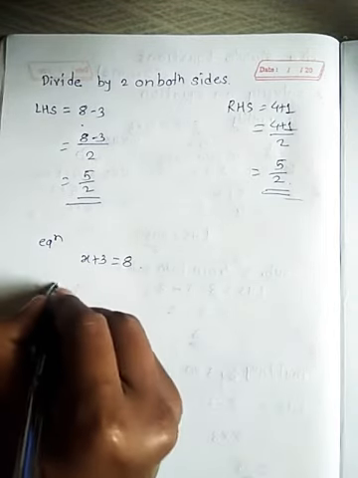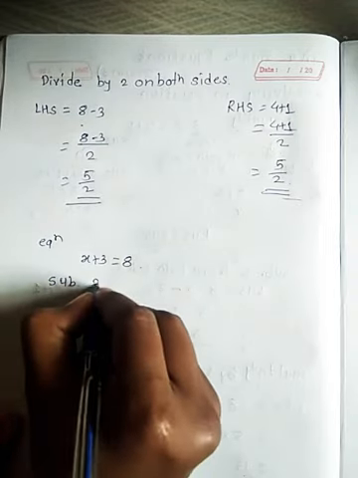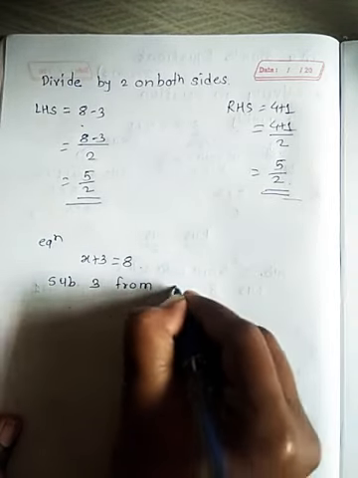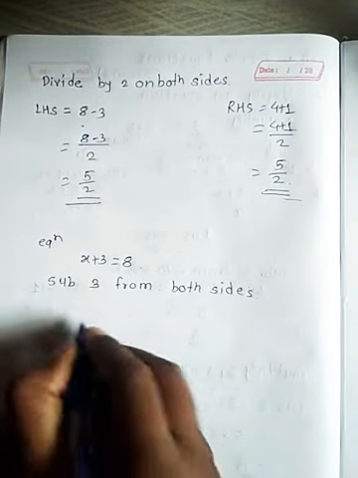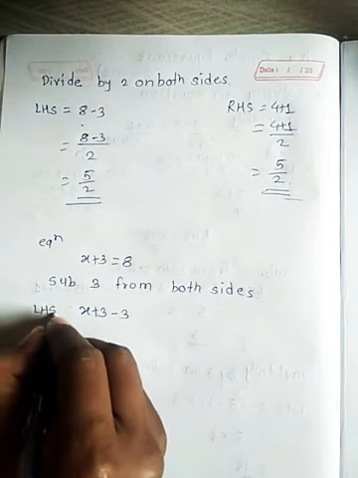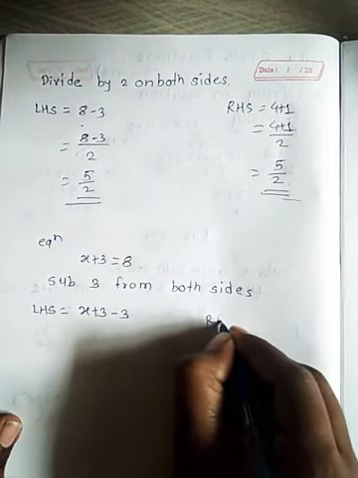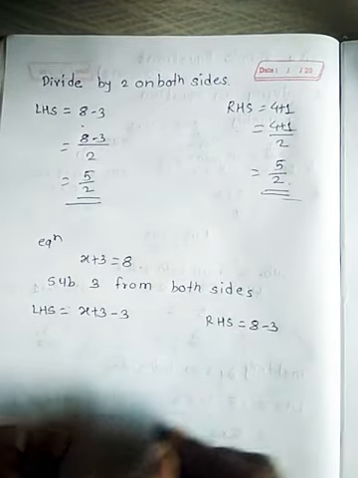Now I will subtract 3 from both sides. Then x plus 3 minus 3 on the LHS, and RHS is equal to 8 minus 3.